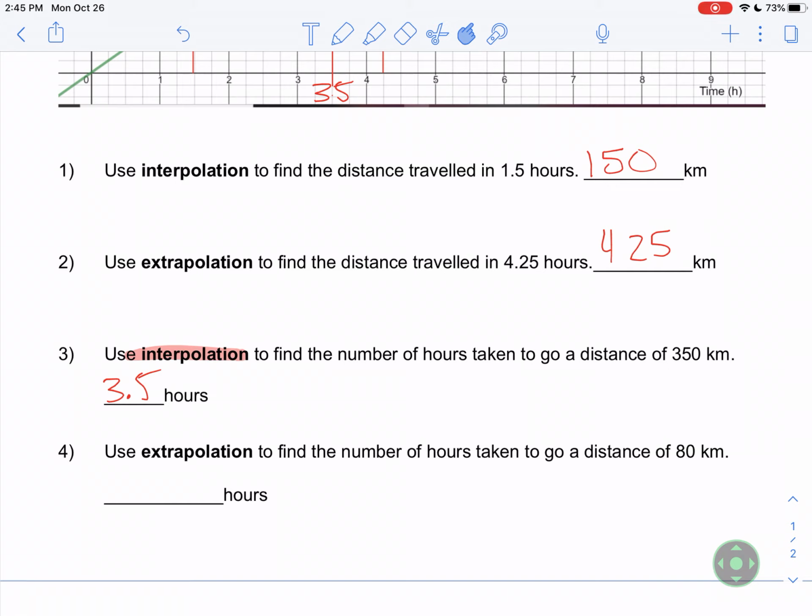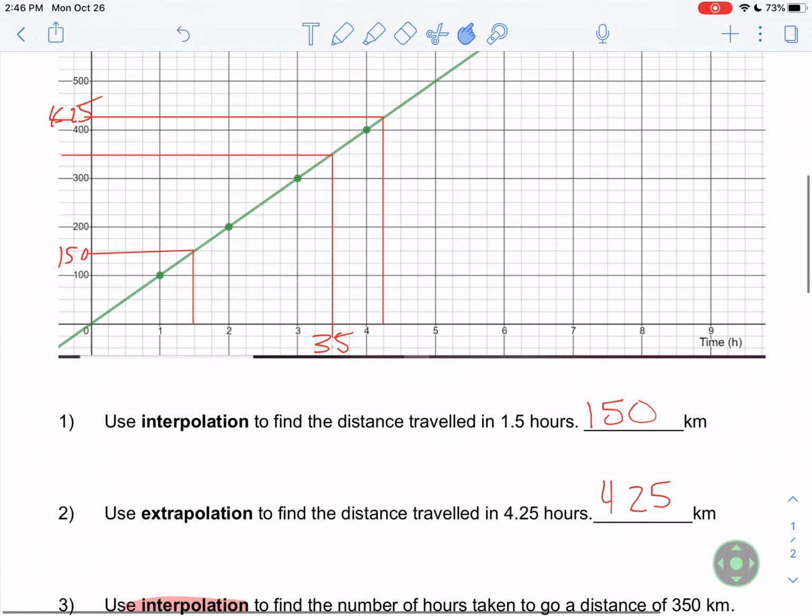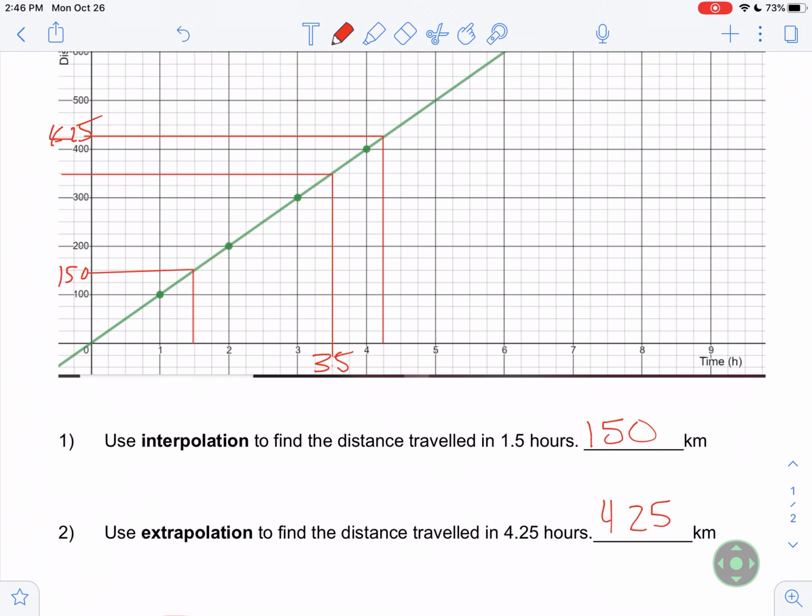Extrapolation means we're going beyond. So 80 kilometers was not one of the values that was in our chart. It was lower than 100, which was our lowest y value that was in our chart. So we're going to have to actually extend our graph back this way to see that information. So we're going to go over to 80.